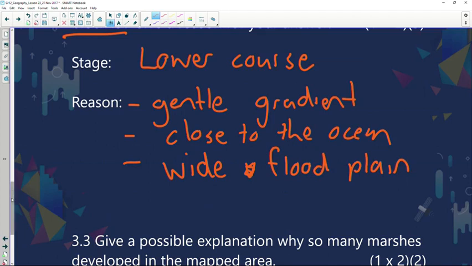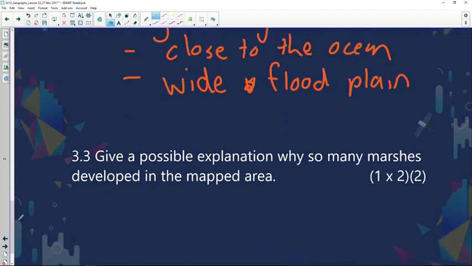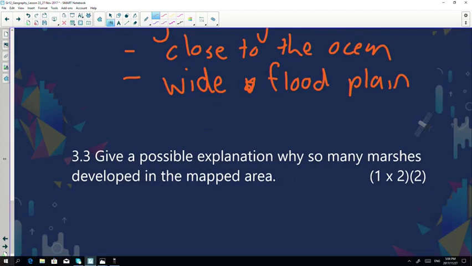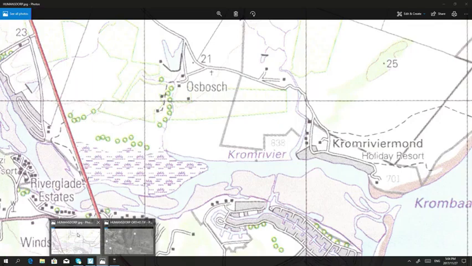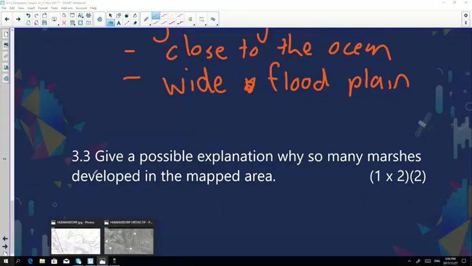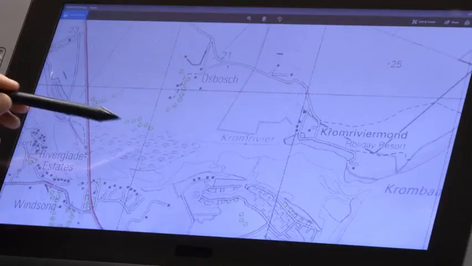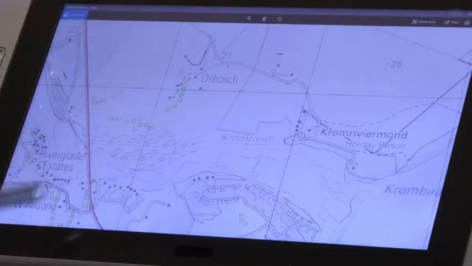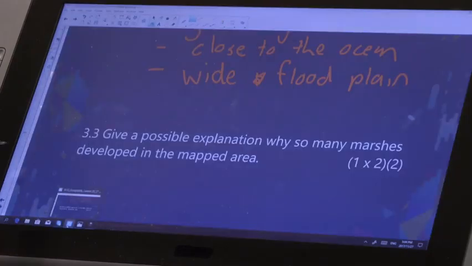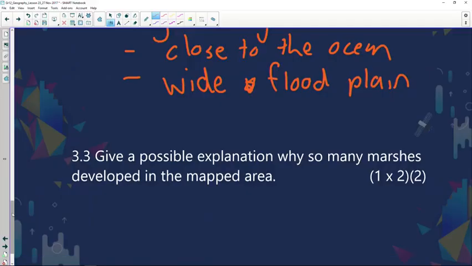Okay. Now give a possible explanation why so many marshes developed in the mapped area. We already looked at the marsh area before, as you can see over there. And how do we know it's a marsh area? Because we look at the keys and references to refer to it. I'll give a possible explanation.